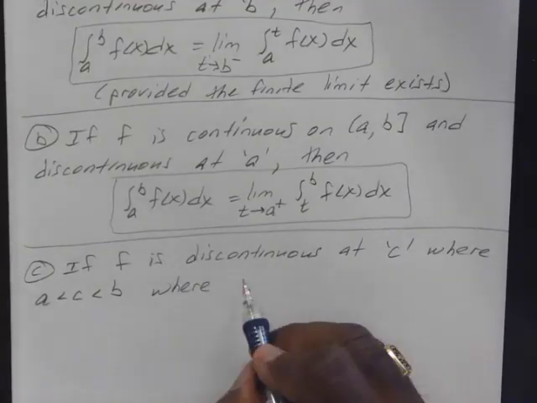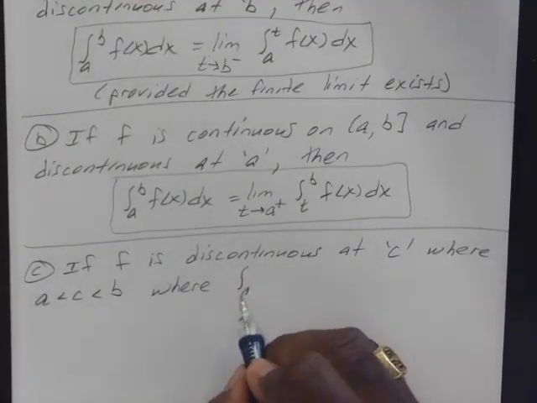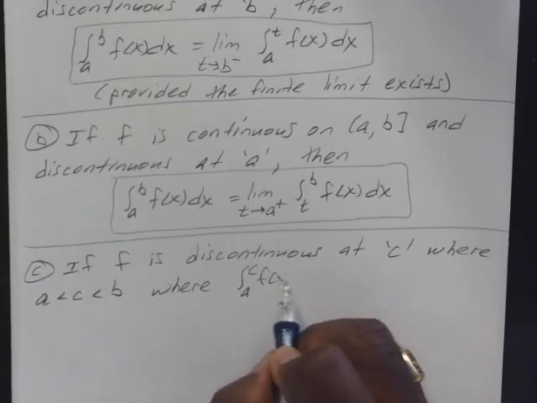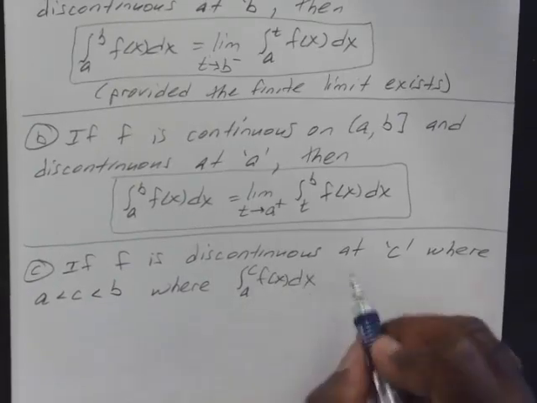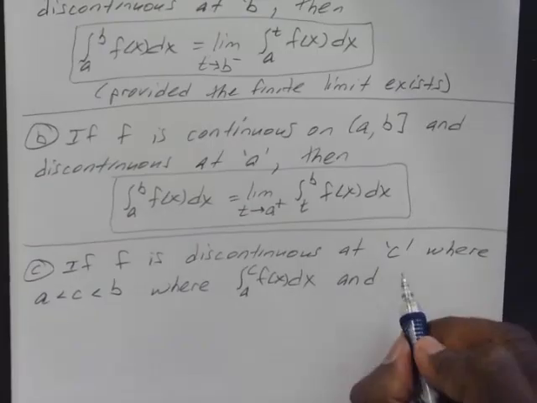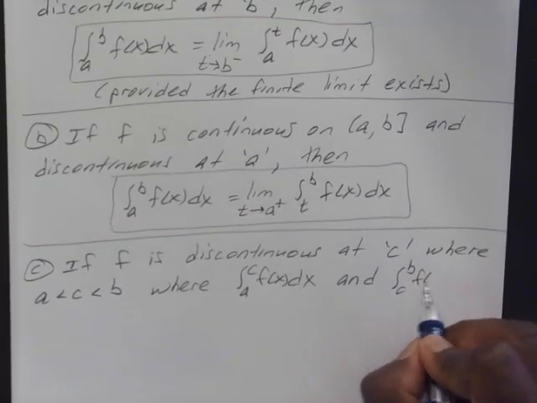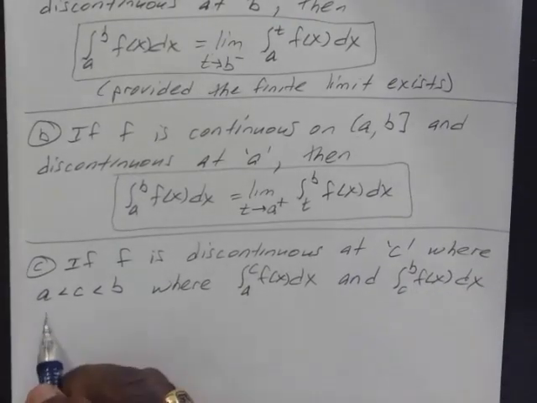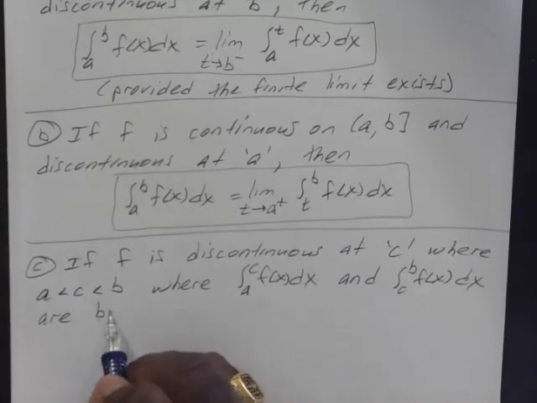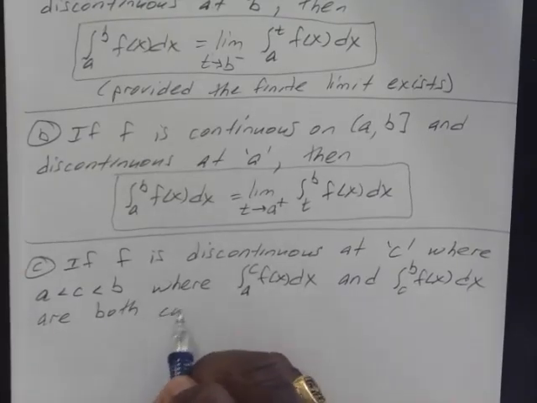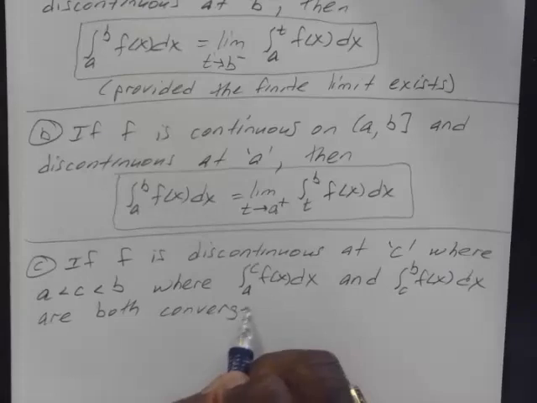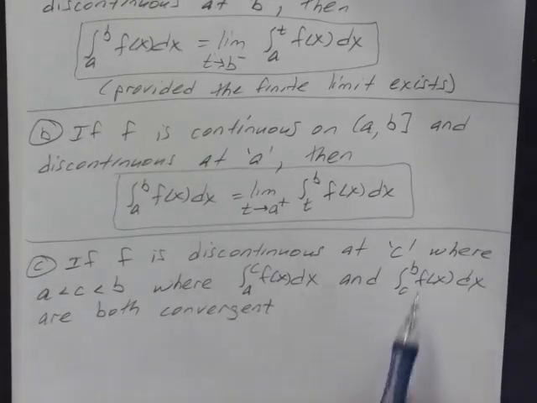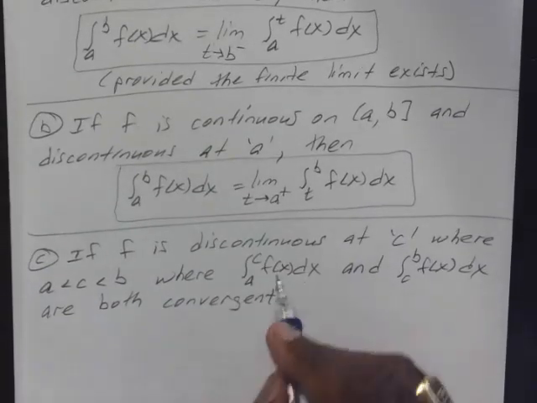And we know that the integral from A to C of our function and the integral from C to B of our function are both convergent, which means if you find their integral, it's a finite real number.